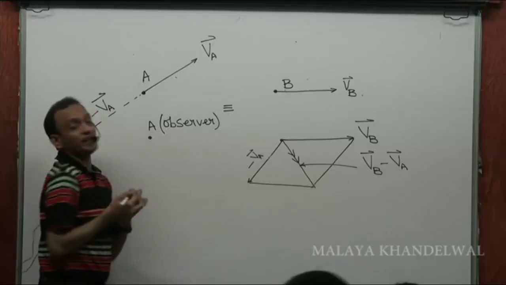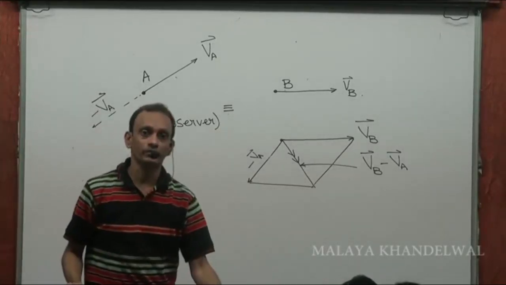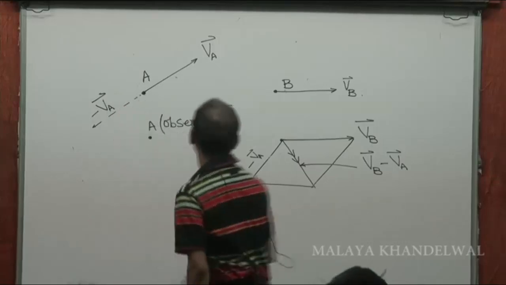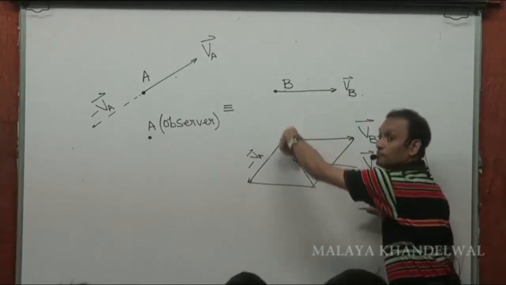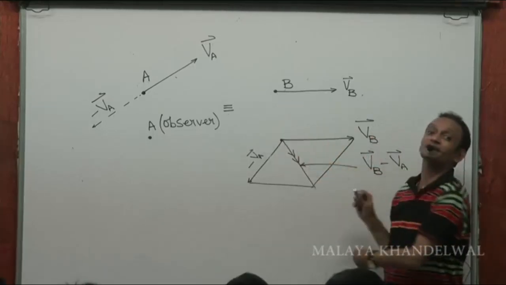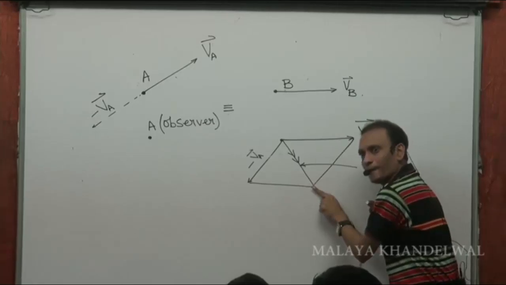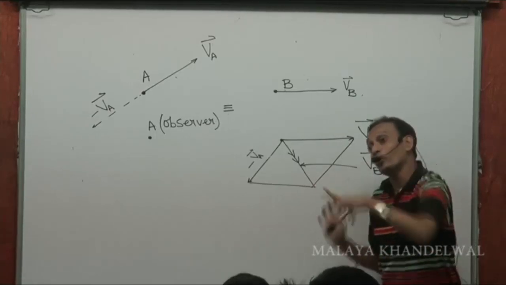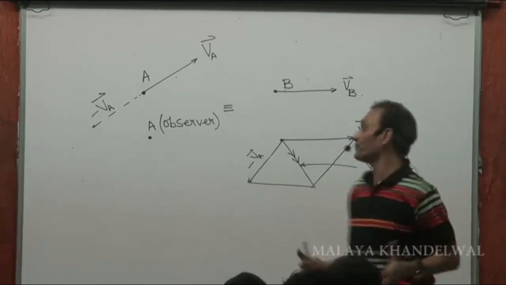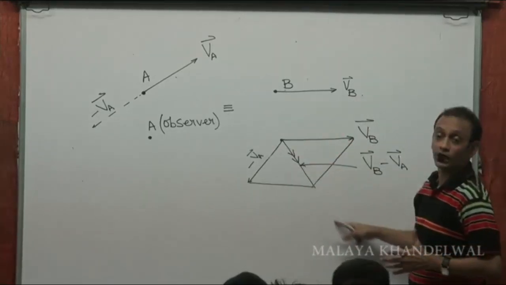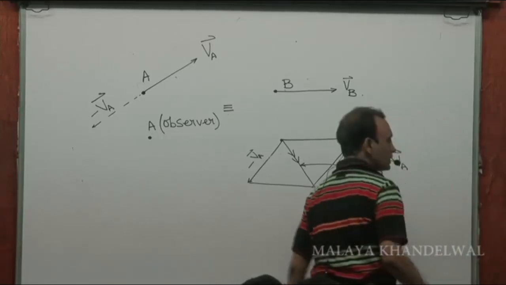And then if you ask A what the velocity of B is, A will not report a velocity VB. A will report a velocity VB minus VA as shown by this diagram. Right? This is the velocity reported by A. When A reports a velocity, it's as if A is at rest and B is moving with a velocity VB minus VA along this direction. Yes or no? Right?